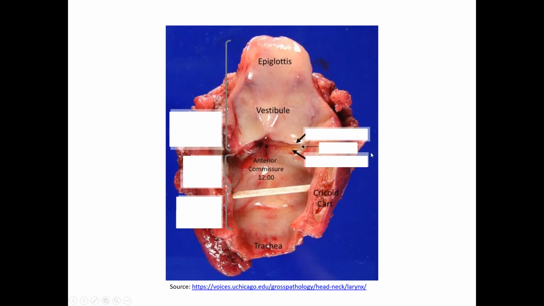Moving on to some final structures, we have an opened posterior view of the larynx. So let's start by going over some of these central structures. This first superior fold is known as the false vocal fold, and the fold beneath it the inferior fold.